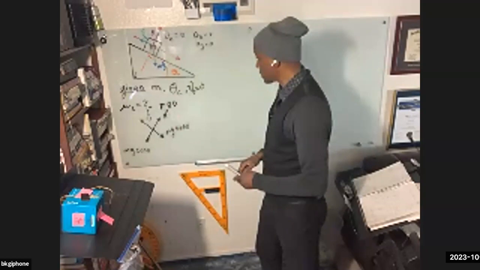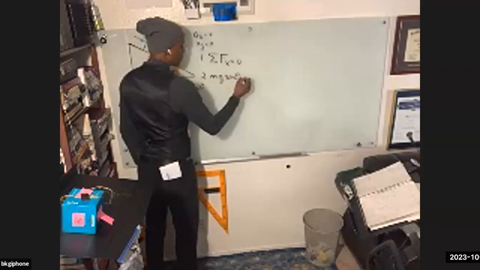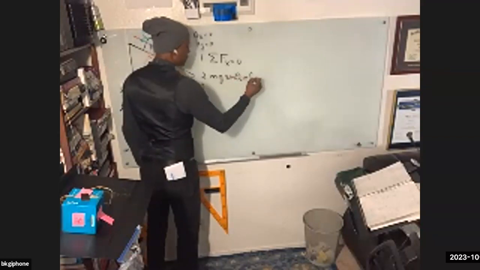So in the x direction, the sum of forces in the x direction equals 0. Fs out the plane. So that's mg sine theta critical minus F equals 0.